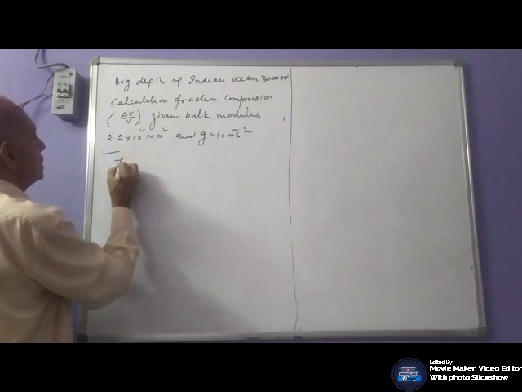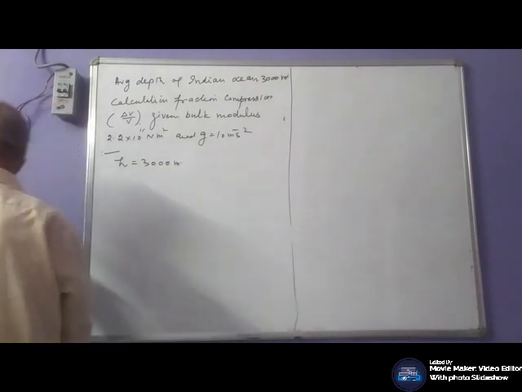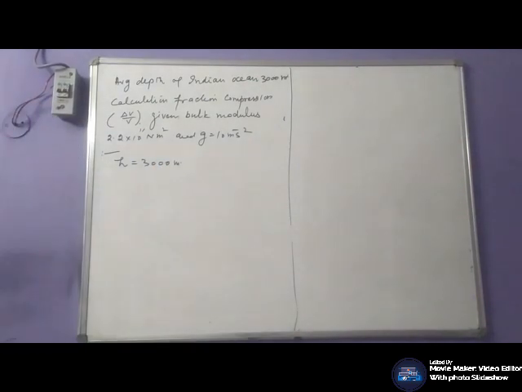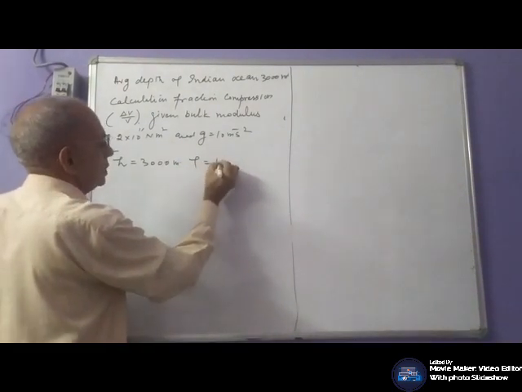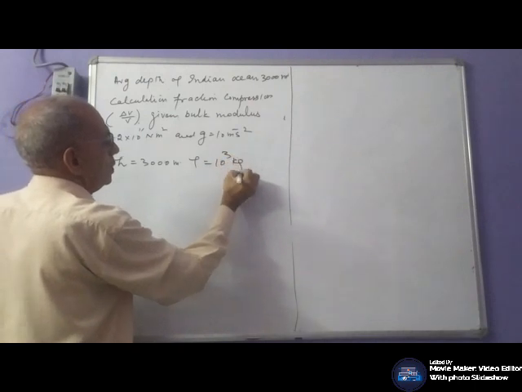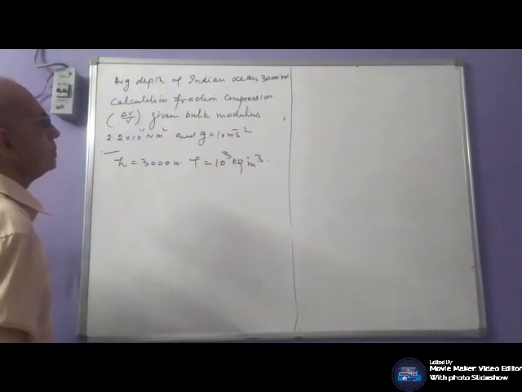Average depth 3000 meter. Density of sea water 1000 kilogram per meter cube, we know, or it is given.